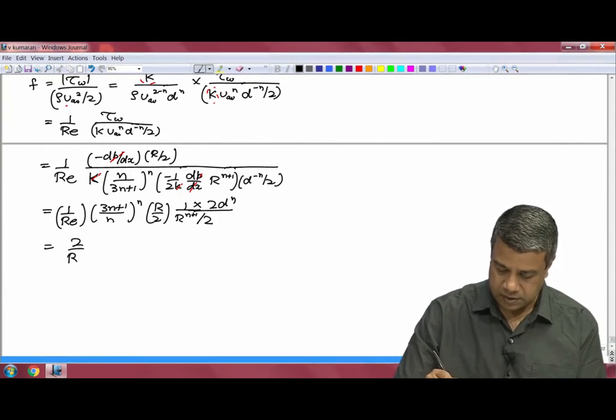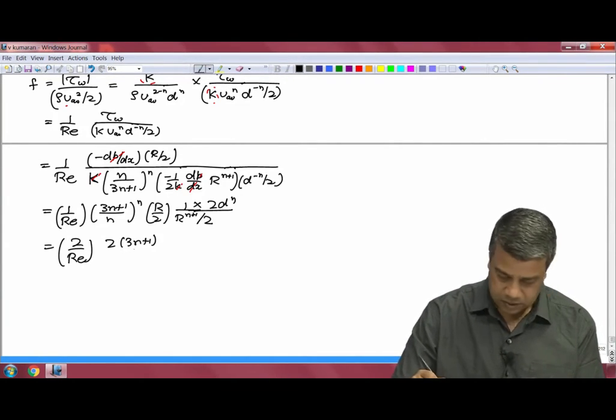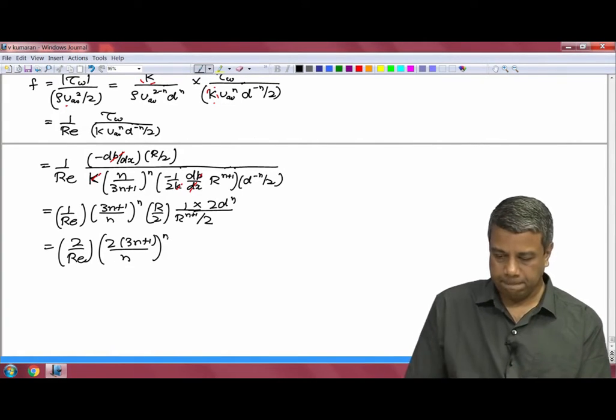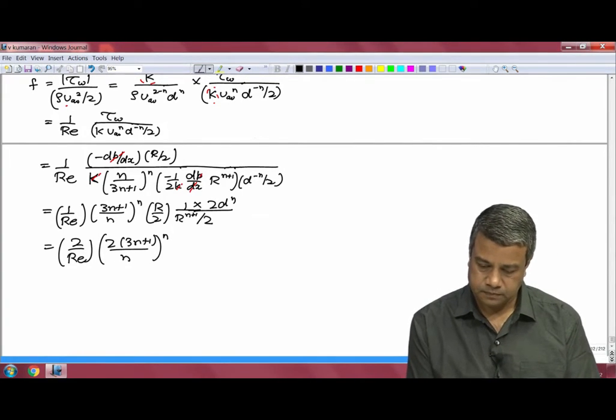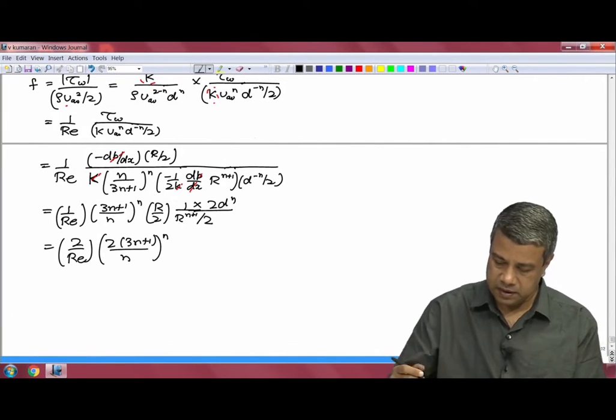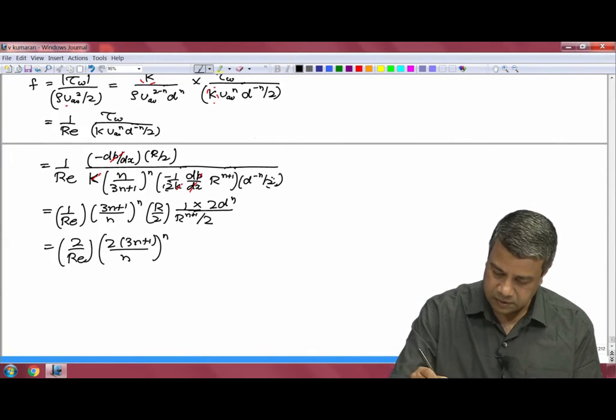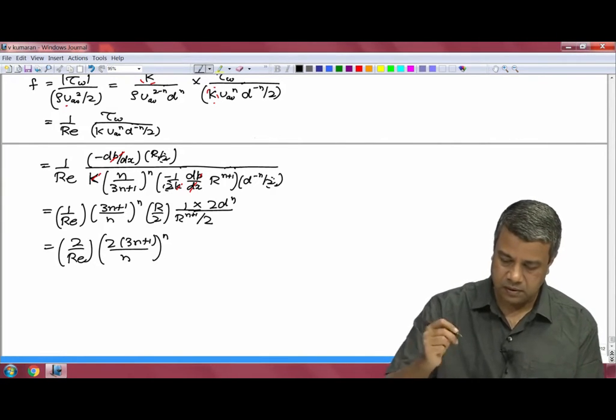2 by Re into 2 into 3n plus 1 by n whole power n. The factor of 2 in the numerator is because I have a 1 over 2 here, a 1 over 2 here, and a 1 over 2 in the numerator.